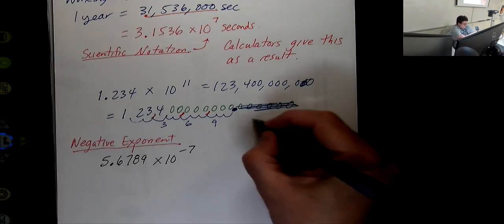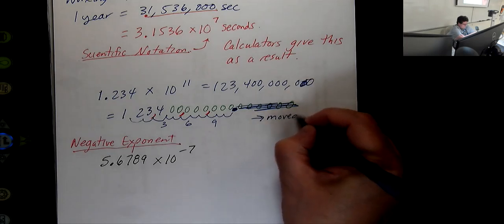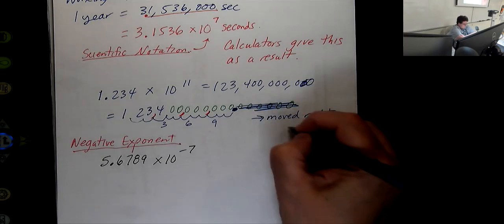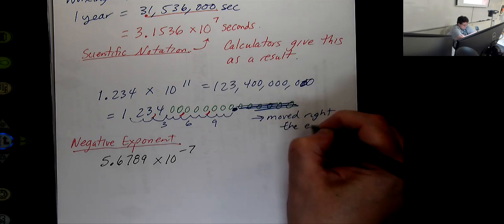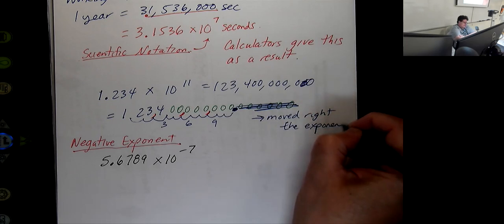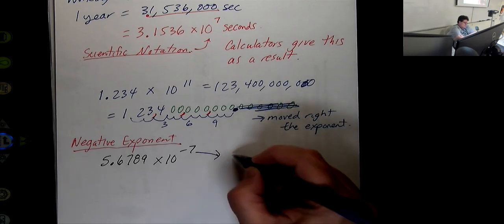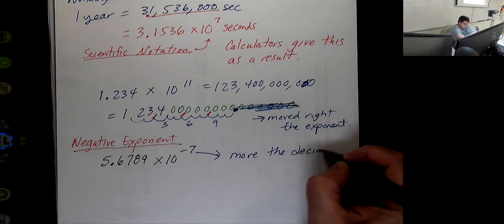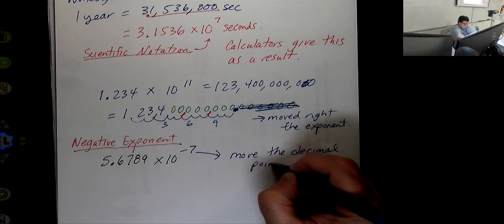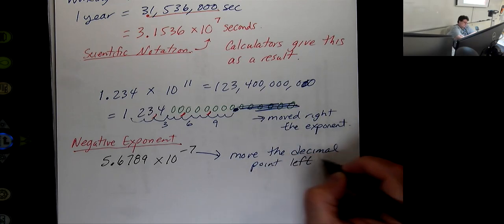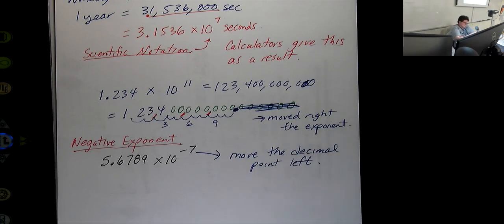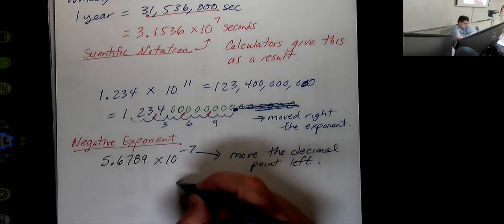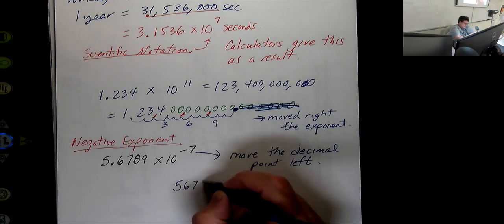Up here, we moved right the exponent value. When it's negative, we're going to move the decimal point left that many times. So I'm going to have a 5, 6, 7, 8, 9.